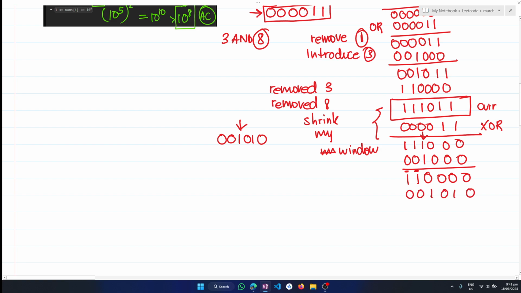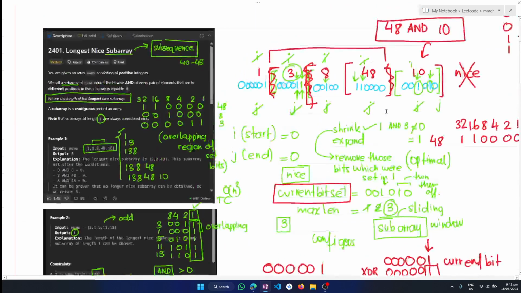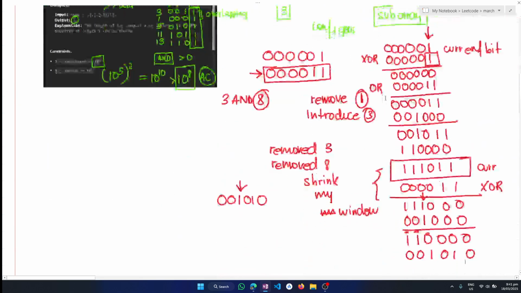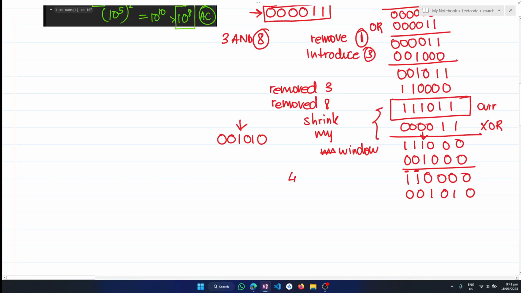So there is no overlapping of set bits. I actually made a mistake over here. I shouldn't have removed 48 from my window at this point. Why? Because 48 and 10 are not clashing. So if you have 48 and 10 inside a subarray, then this particular subarray can be called nice. So now I do not need to shrink my window any further.